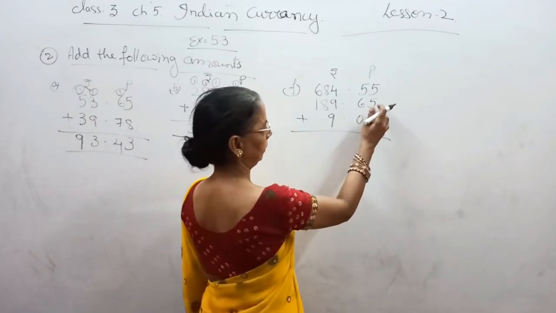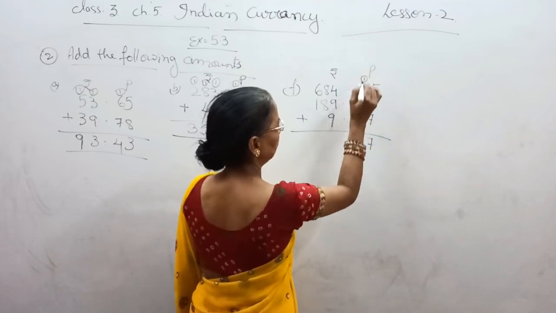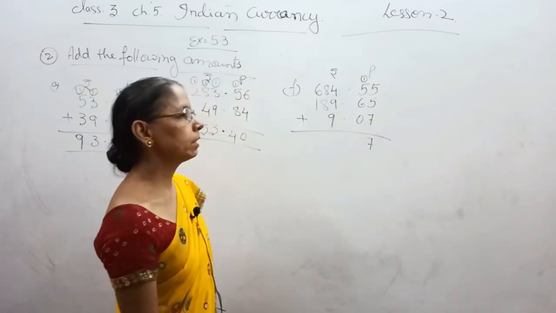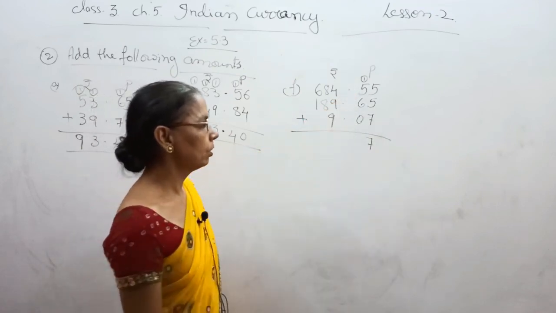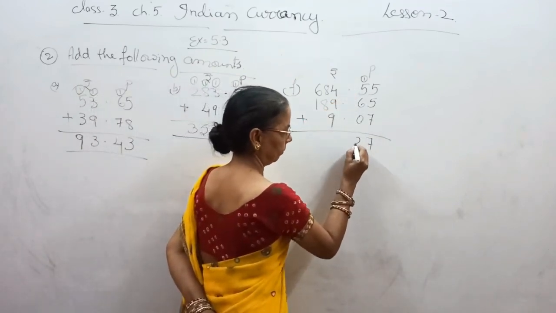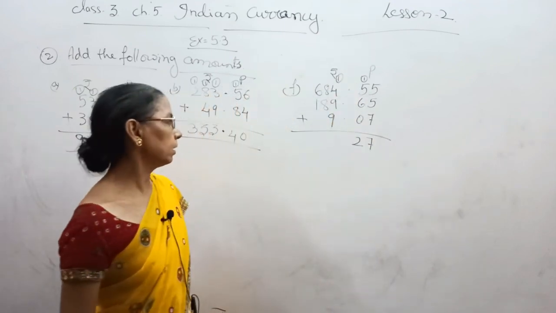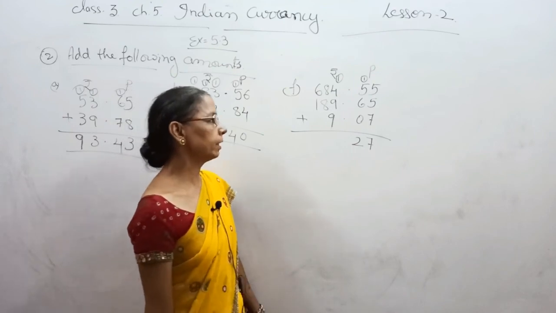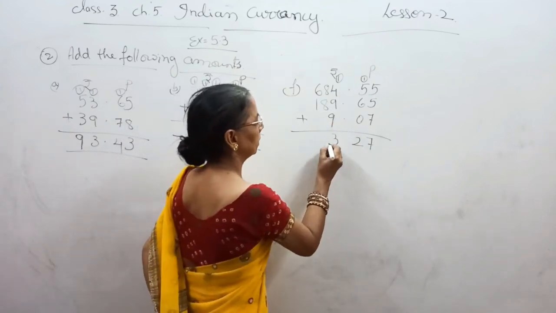5 plus 5, 10, 10 plus 7, it is 17. 1 carry, then 5 plus 1, 6, 6 plus 6, it is 12, 12 plus 0, it is 12. Then we have to put 2 here and 1 carry, then 4 plus 1, 5, 5 plus 9, it is 14, 14 plus 9, it is 23.